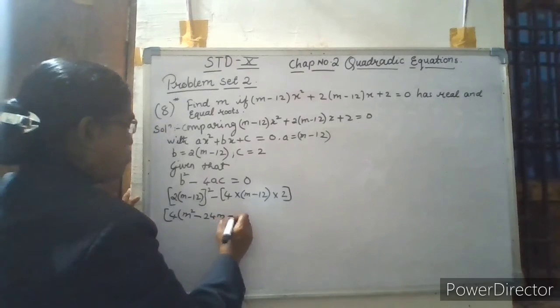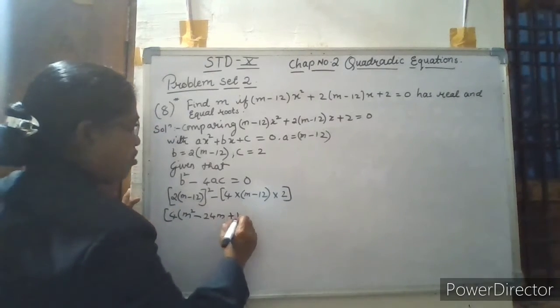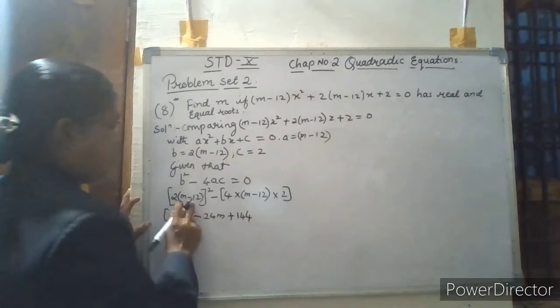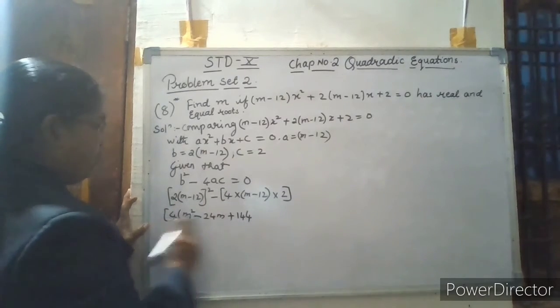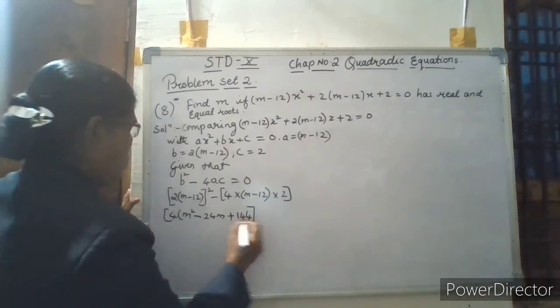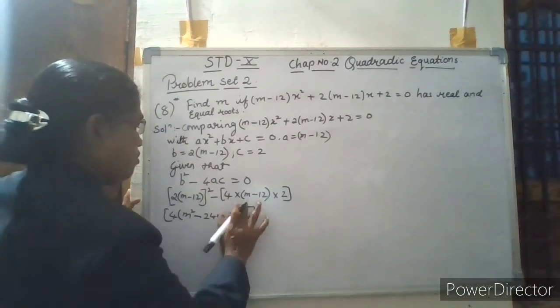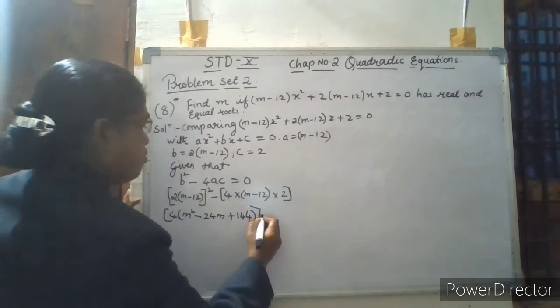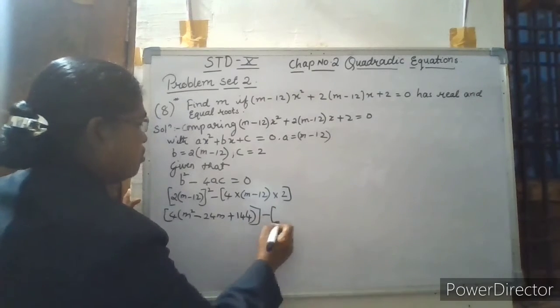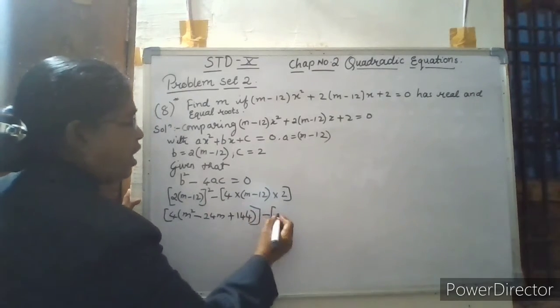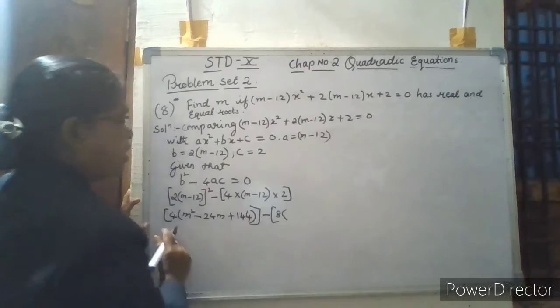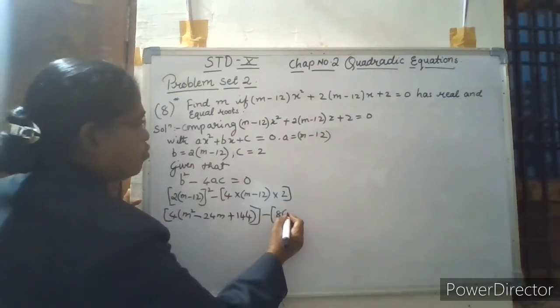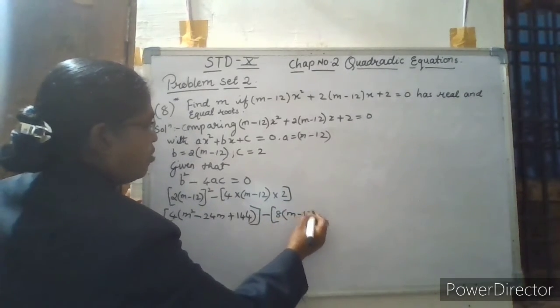Then plus b squared, square of 12. This we have got. Now, close the bracket. Minus this, 4 into 2 we will multiply directly like this way into (m minus 12).